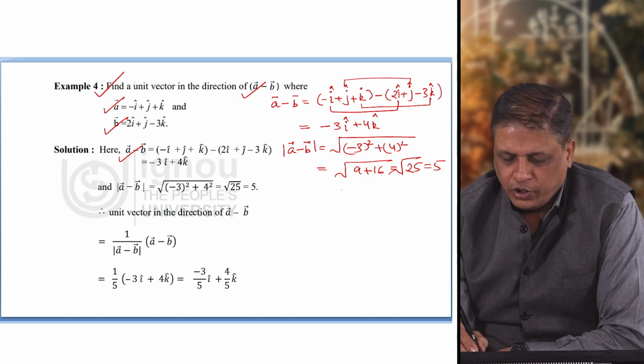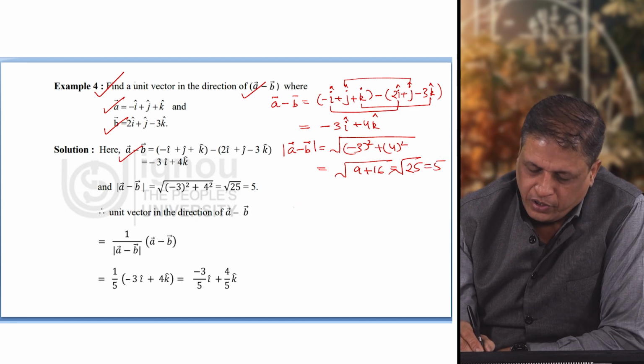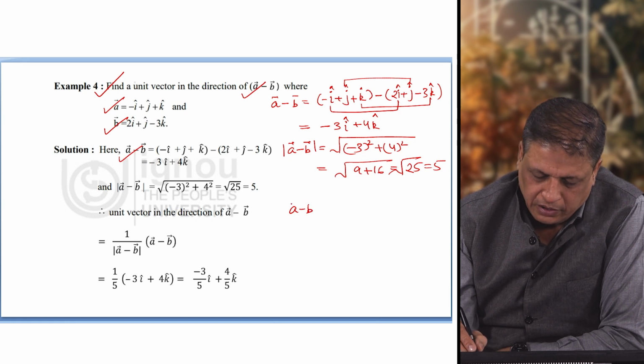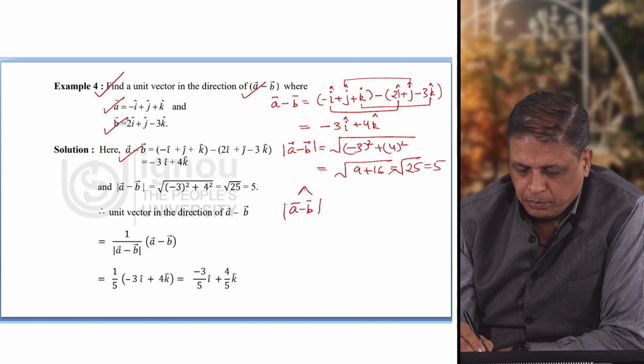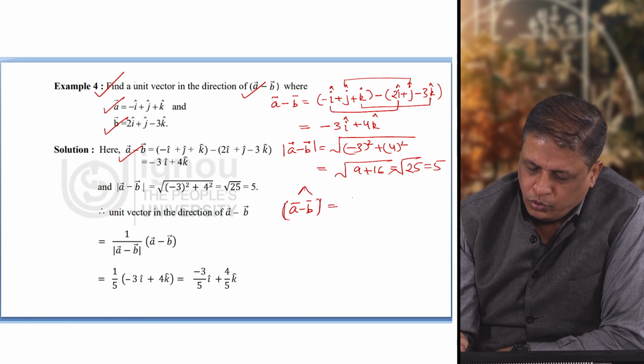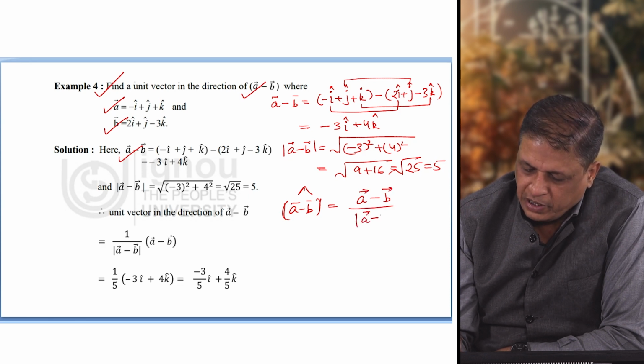So, the unit vector in the direction of A vector minus B vector will be equal to A vector minus B vector upon the magnitude of A vector minus B vector.